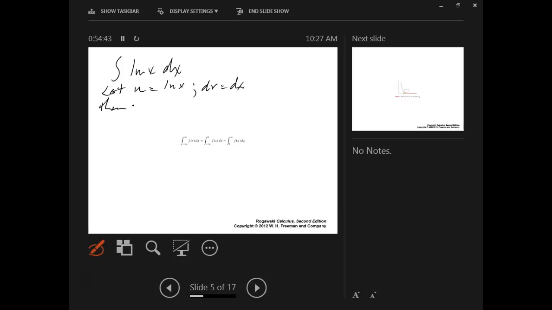what do we do next? du is equal to the derivative of log x. It's not an exponential. Okay.